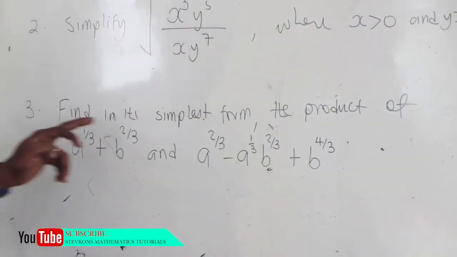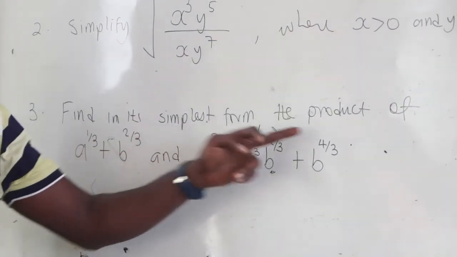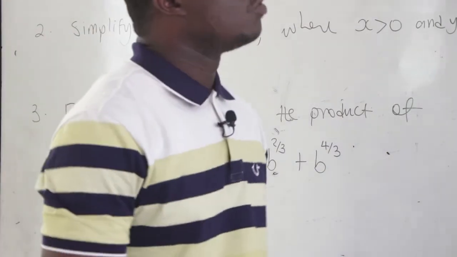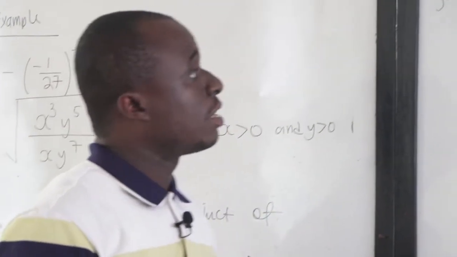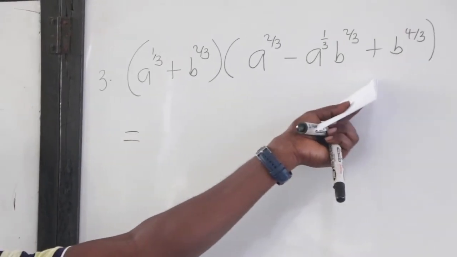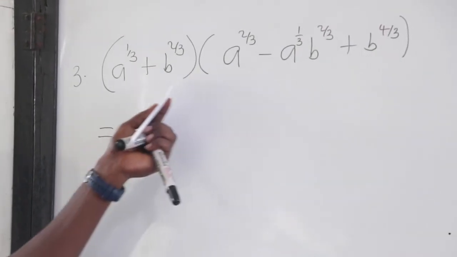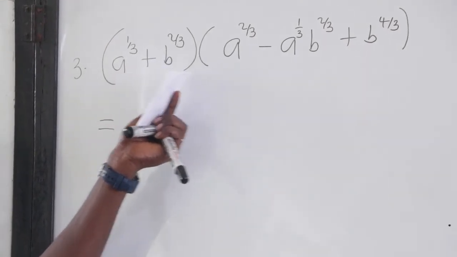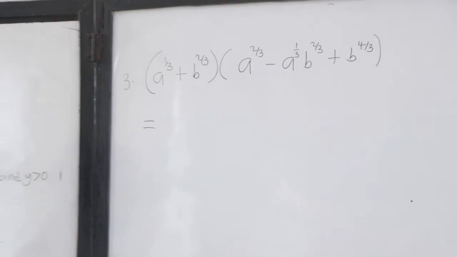Let's see question 3. Find, in its simplest form, the product of this and that. So that's what I've written over here. We want to find the product. Clearly, we take A and multiply by the second bracket, and we take B to the power 2 over 3 and multiply by the second bracket.